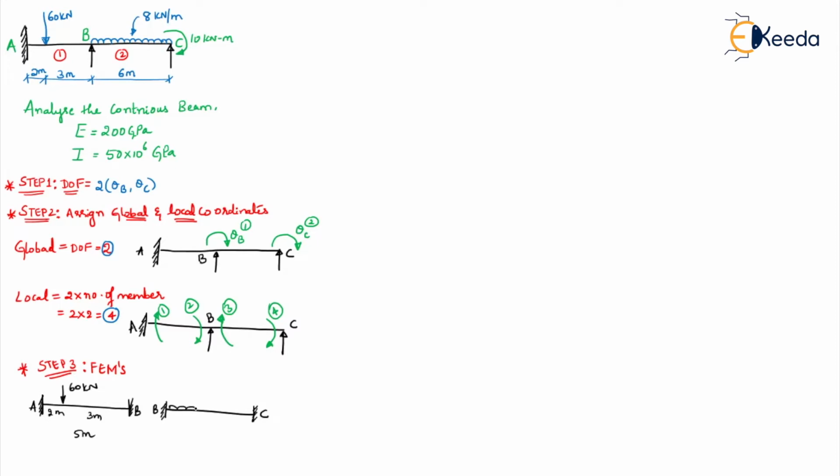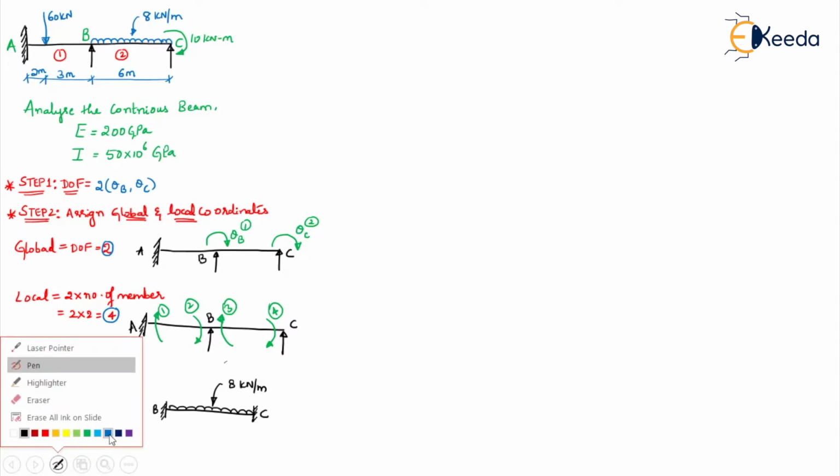Coming here, this has a UDL of 8 kilonewton per meter. Whatever external moments are there, we just skip them. You don't need them when you are calculating your FEMs. In this problem also, only fixed end moments are required, but normal reactions are not required. Why are normal reactions not required? Because there are no vertical or normal reactions, either in your global coordinates or in your local coordinates, so they are not required even here.